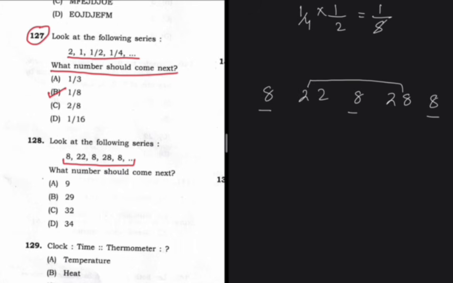The difference between these numbers is 6. So if we add 6 to 22, we get the next number 28. To get the next number, we need to add 28 plus 6, and the answer will be 34. Hence option D is the right answer.